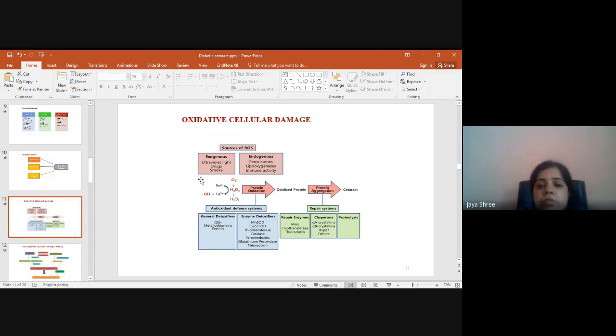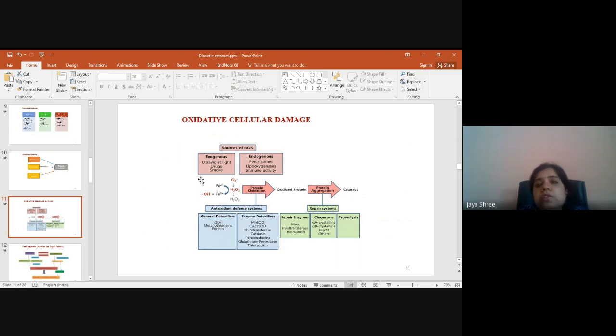What happens? The exogenous and endogenous stress factors like ultraviolet light, drugs, peroxisomes, and in diabetes cases the excessive glucose in the blood cause the proteins to get oxidized.